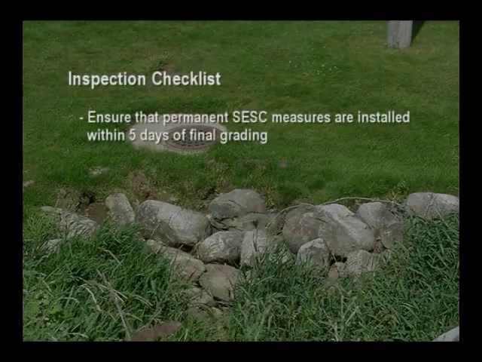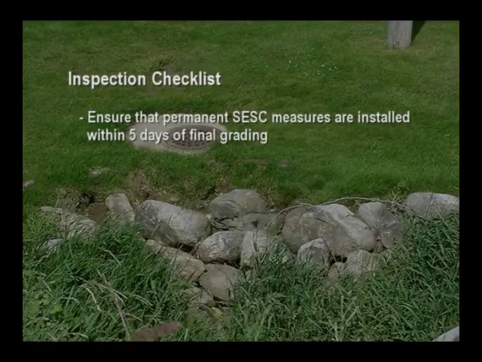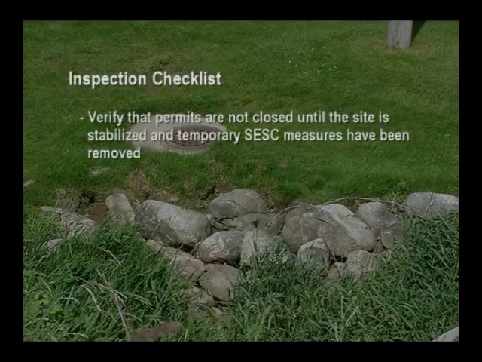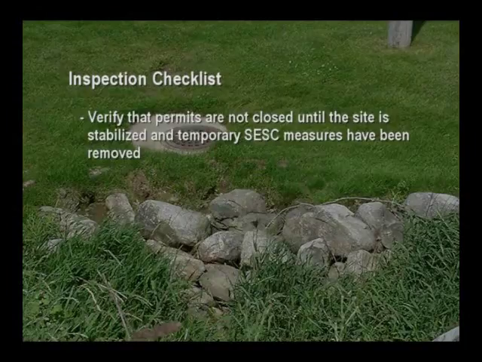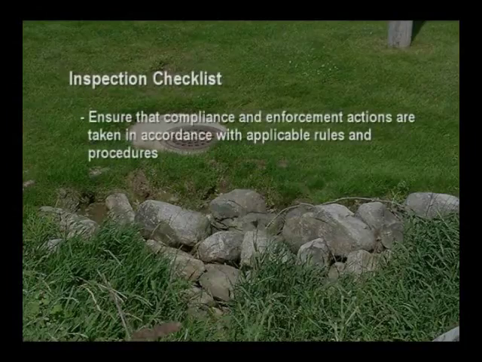Ensure that permanent SCSC measures are installed on all slopes, channels, ditches, or any disturbed land within 5 calendar days after final grading or the final earth change has been completed. Verify that permits are not closed out until the site is stabilized and the temporary SCSC measures are removed. Ensure that compliance and enforcement actions are taken in accordance with Part 91 agency's compliance and enforcement procedures or guidelines, Part 91 and the rules.